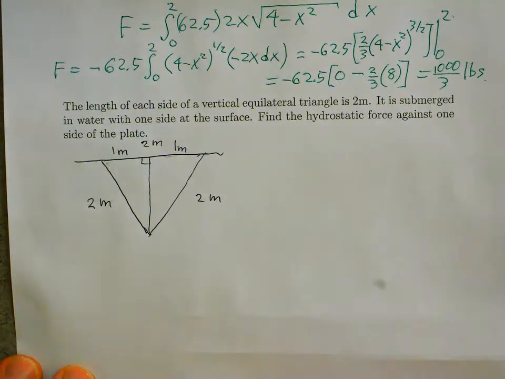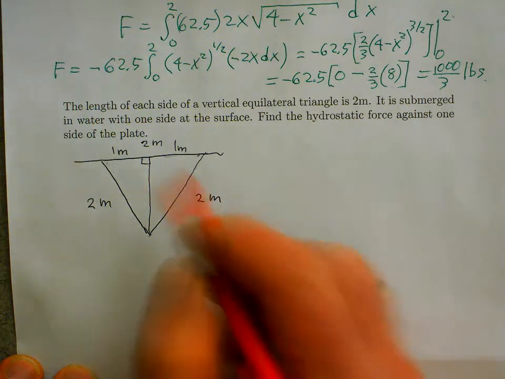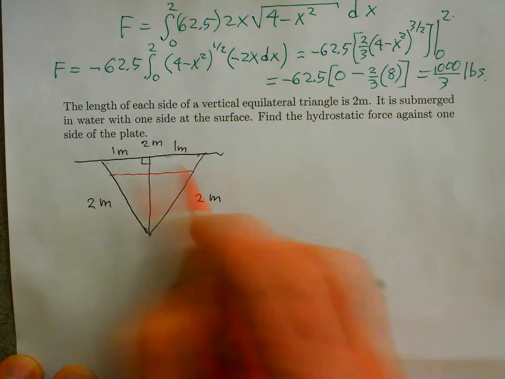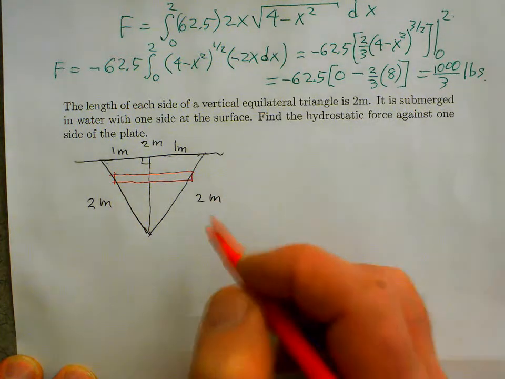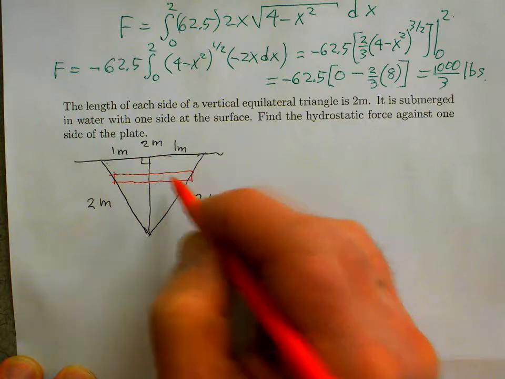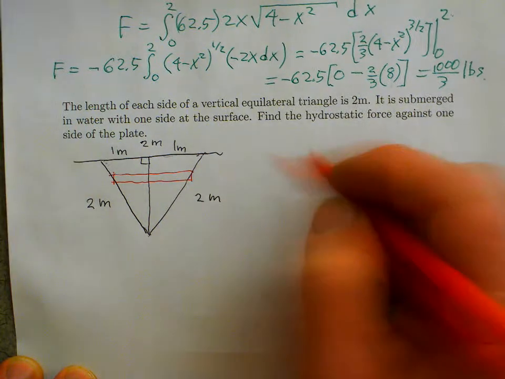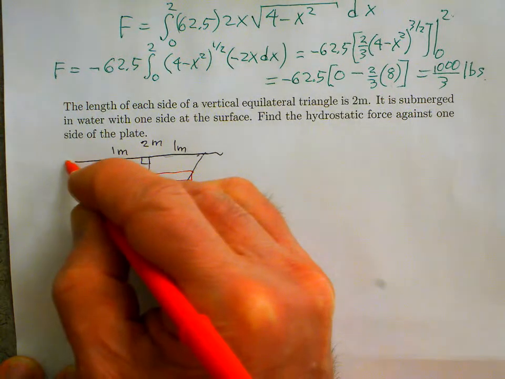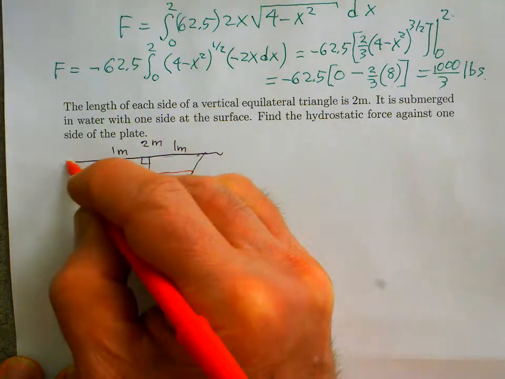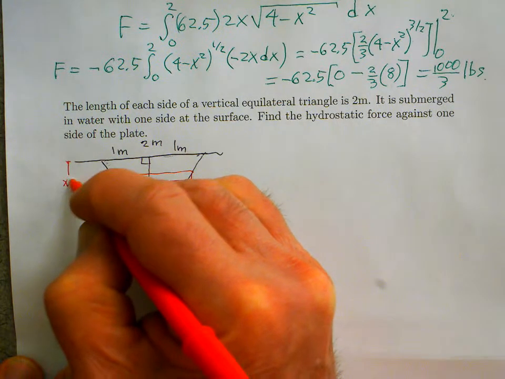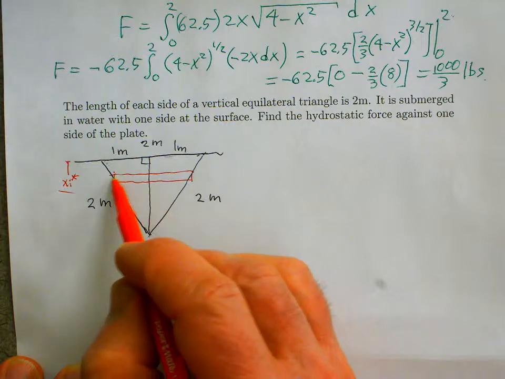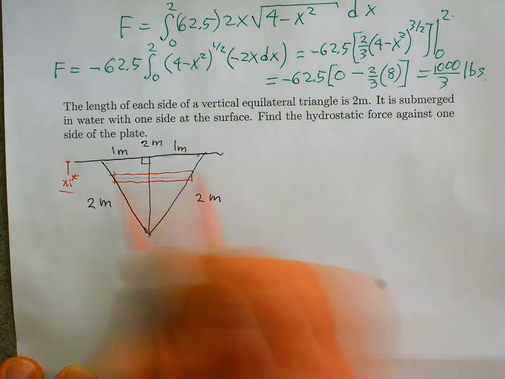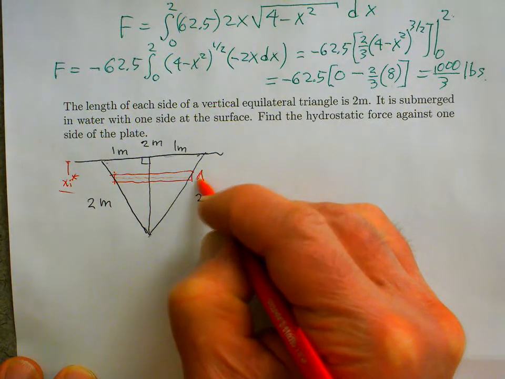So to find our rectangle, we're going to use similar triangles again. When we're at a depth of x sub i star, we want to find the area of that rectangle.